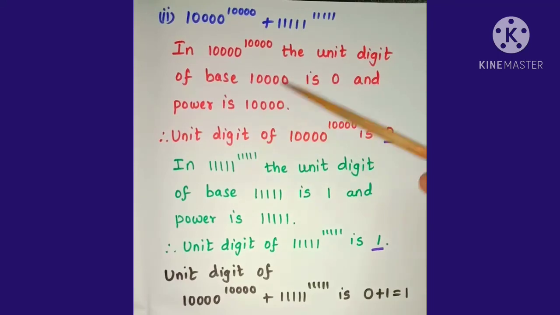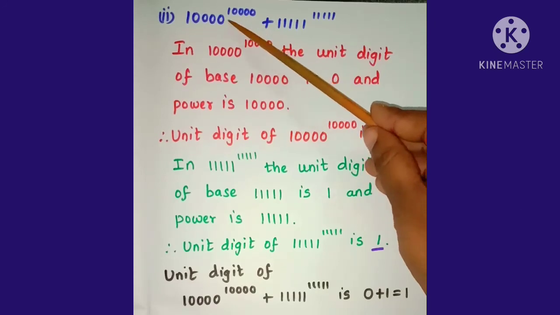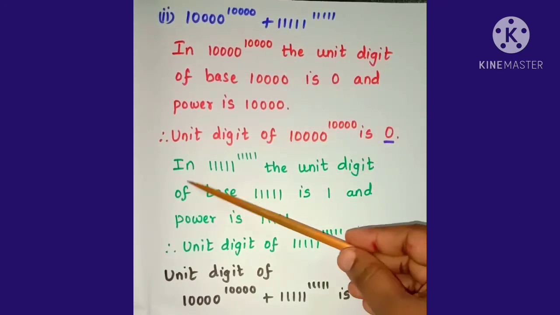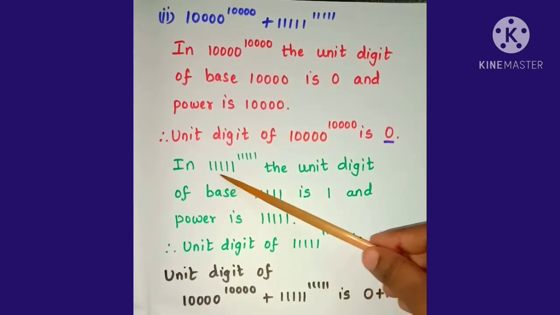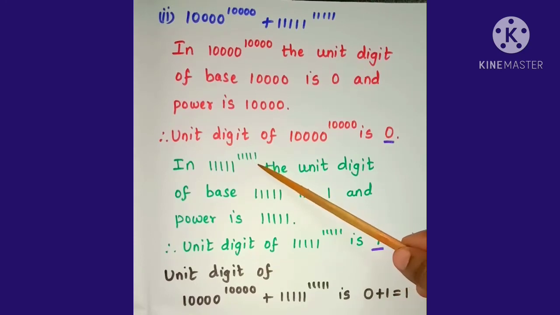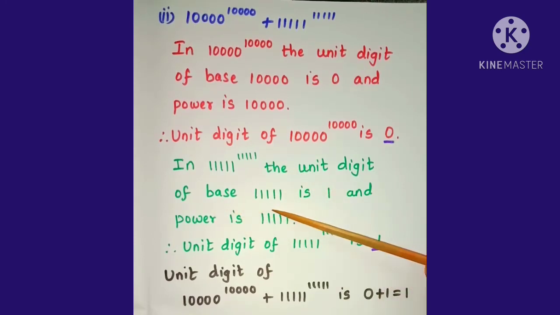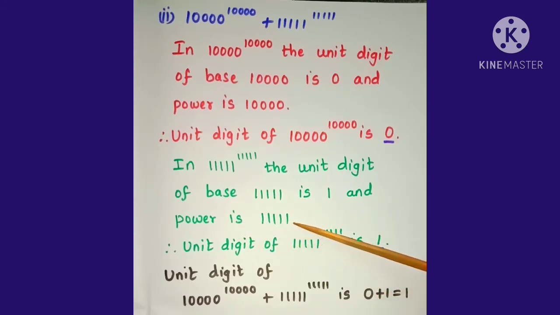So here the unit digit of the expansion will be 0, and here the unit digit of the expansion will be 1. In the second exponential number, 11,111 to the power of 11,111, the unit digit of the base 11,111 is 1 and the power is 11,111.